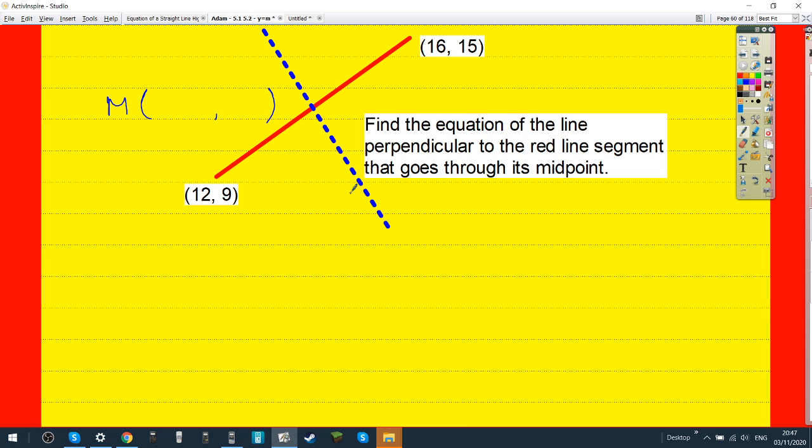So the midpoint is 14, comma 12. Okay. What is next?